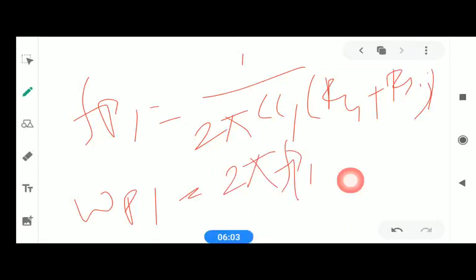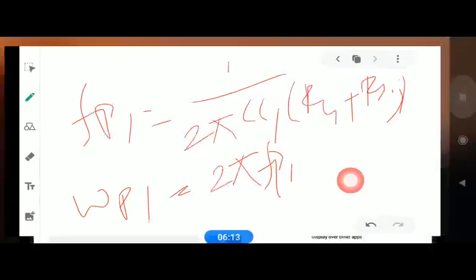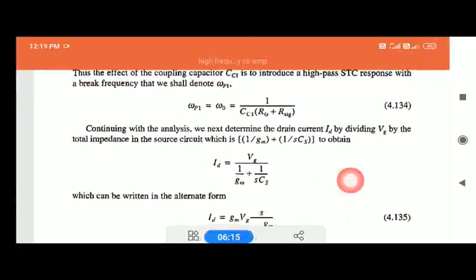If you replace omega p1 with 2 pi fp1 and take the 2 pi to this side, you get fp1 equal to 1 divided by 2 pi into CC1 into RG plus R signal. This is the cutoff frequency due to CC1.